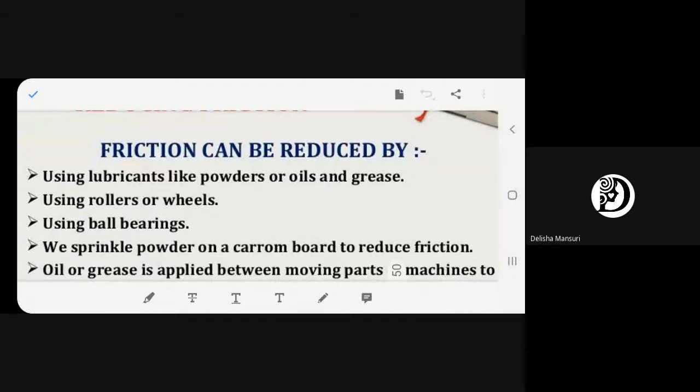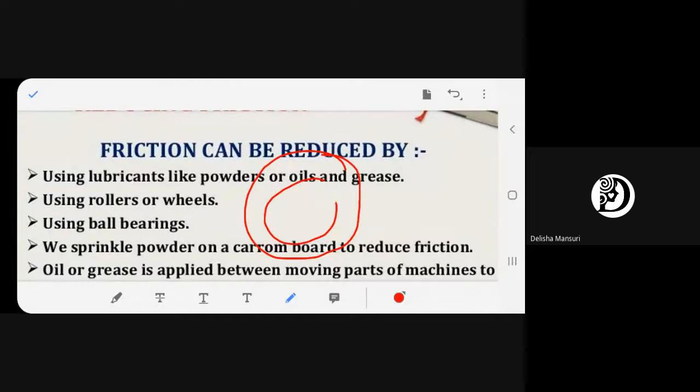So when we use rollers or the wheels of any vehicle, we can reduce the friction. Then we use ball bearings. Now, what are ball bearings? If this is a machine tool, we get these small steel balls. This comes in toolkits. These are called ball bearings. Why? Because it makes the function of the machine very smooth.